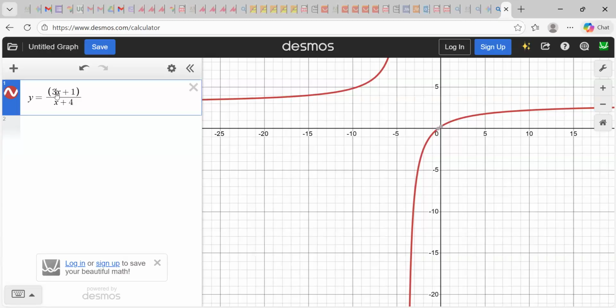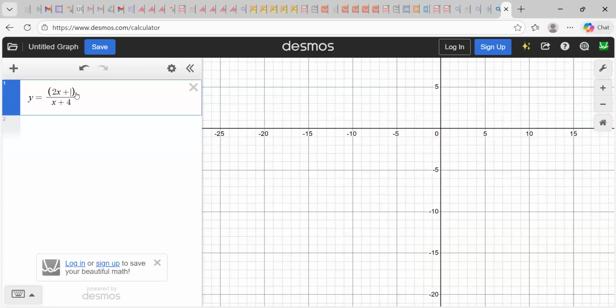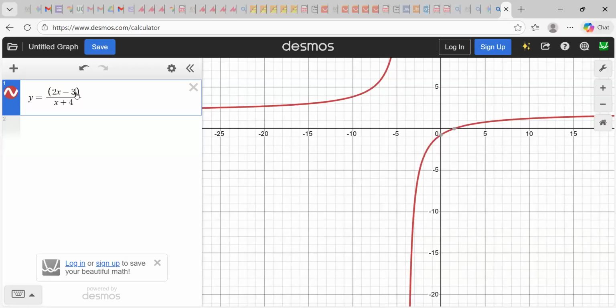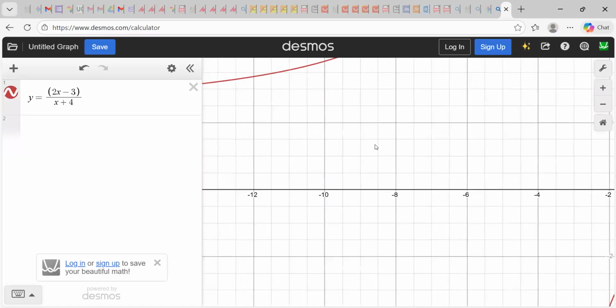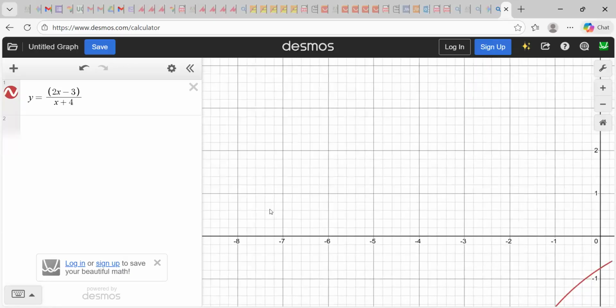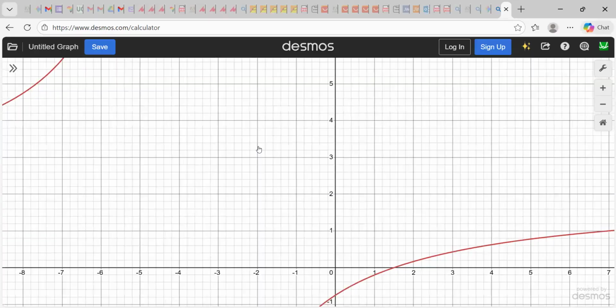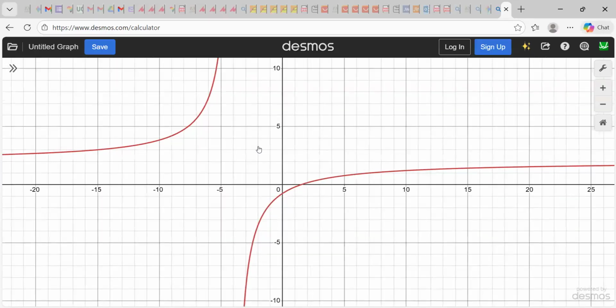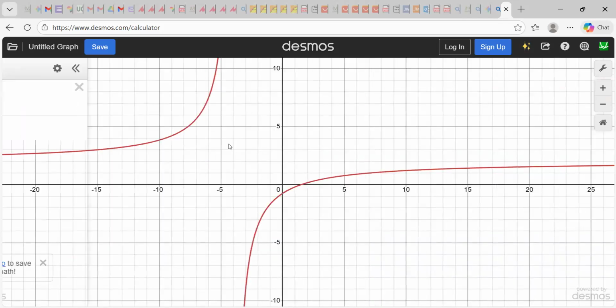No, it's 2x minus 3. Oh, gosh. Minus 3. Sir, I had the wrong thing. I had 2x plus 1. What did I have here? 2x minus 3. 2x minus 3 over x plus 4. All right, good.